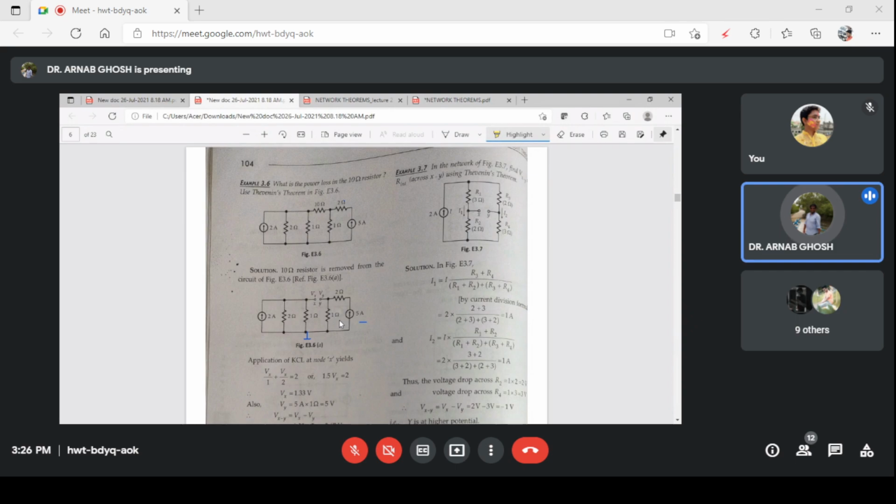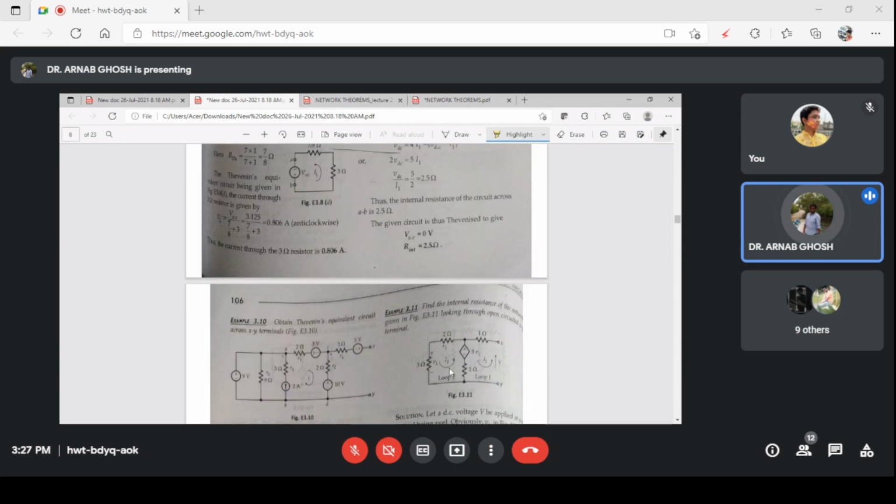Before we move on to the dependent sources: for a dependent voltage source of 5 VL, you have to find the open circuit voltage between terminals X and Y, with the load resistance removed.